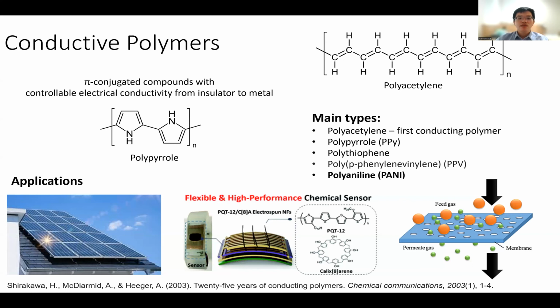However, polyacetylene is unprocessable as it is unstable in air and insoluble in solvents. Polypyrrole, polythiophene, polyphenylene, and polyaniline. For the rest of my presentation, I'll be talking about polyaniline.